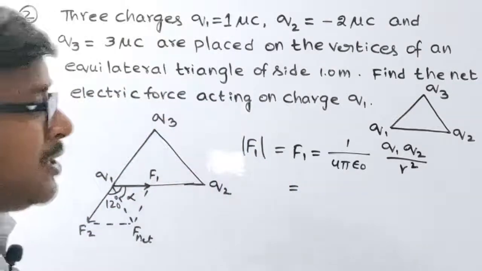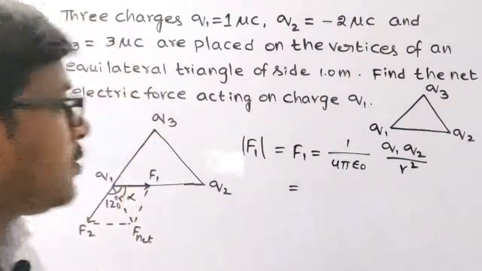Okay, 1 by 4 pi epsilon naught, that is 9 into 10 power 9 newtons.